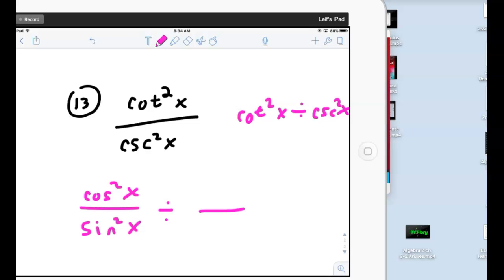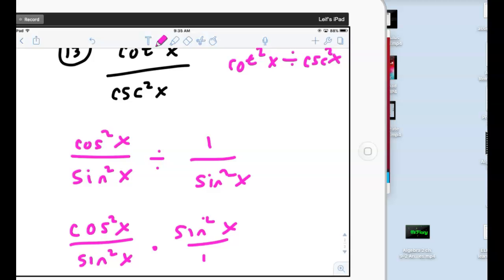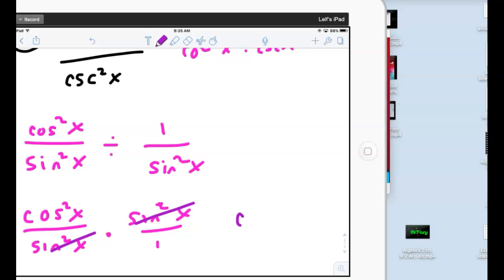Cosecant is the inverse of the sine. So remember, when you divide fractions, you flip them and multiply them. So I can flip the second one upside down. This one stays the same. Which means I've got sine squareds in both the top and the bottom of the fraction. So those cancel, and what I'm left with is cosine squared of x. And that's what the answer is.